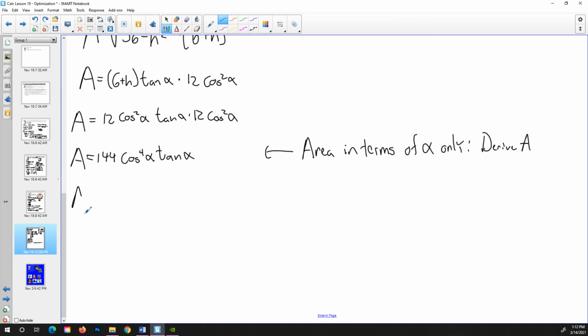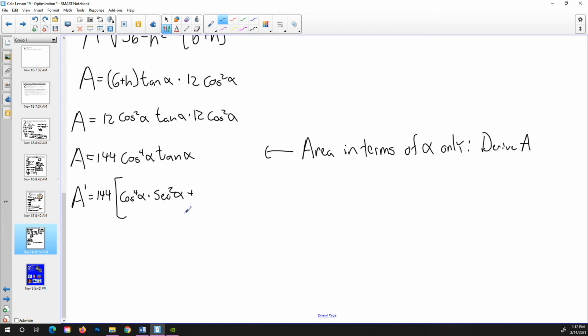Now I want to differentiate this, but I'm going to leave this 144 out in front, just using the constant multiple rule, so I don't have this big 144 out there. So I'm going to leave this expression alone, so it'll be cosine to the fourth alpha, and then the derivative of tangent is secant squared alpha.